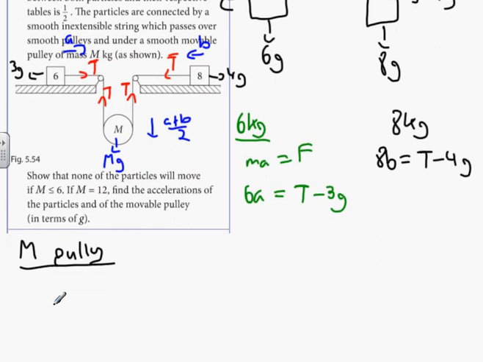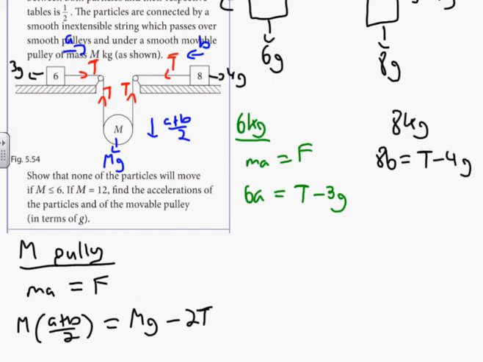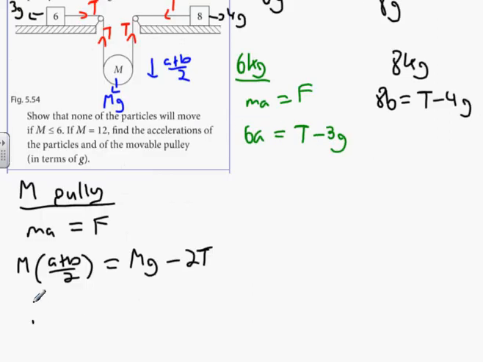And then finally the last one, the Mg particle, the pulley. So mass by acceleration, MA equals F. Capital M into (A plus B) over 2 will equal Mg minus 2T. Multiply the full system by 2. MA plus MB, multiply the other side by 2: 2Mg minus 4T.